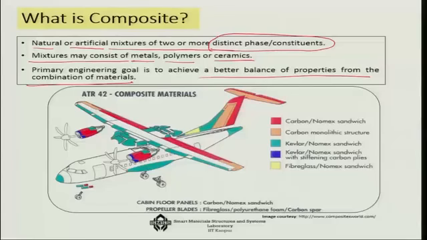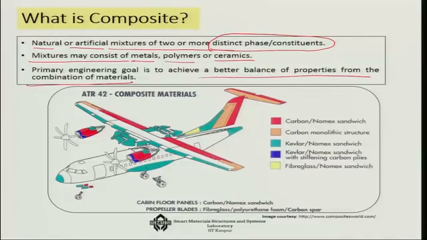Suppose the whole system must have better strength, better stiffness, better thermal conductivity, lower expansion, or better resistance to moisture, things like that. So various types of properties you can achieve by making a composite.